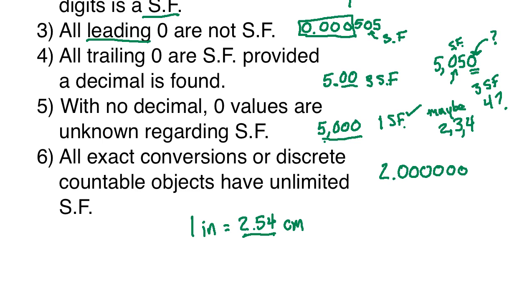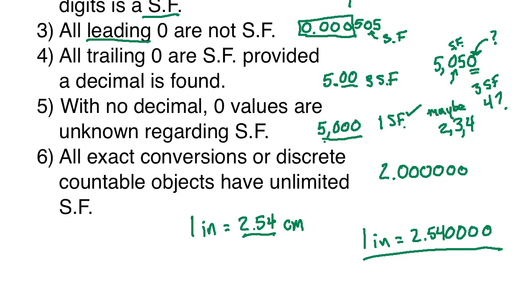That is an infinite number of significant figures, because we are defining 1 inch as exactly 2.54 centimeters. So if somebody said, what is an inch in terms of centimeters, you could say 2.54, but you could also say 2.540, you could say 2.5400, and you could keep going on. There is no limit to how many zeros you can add on there.